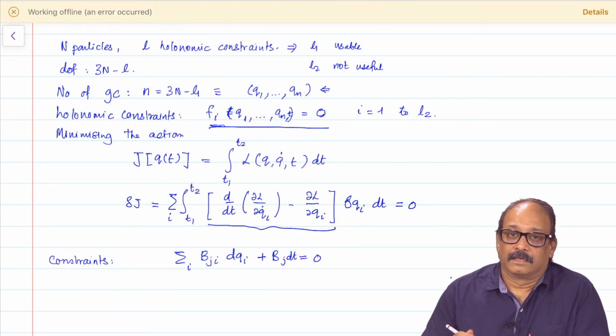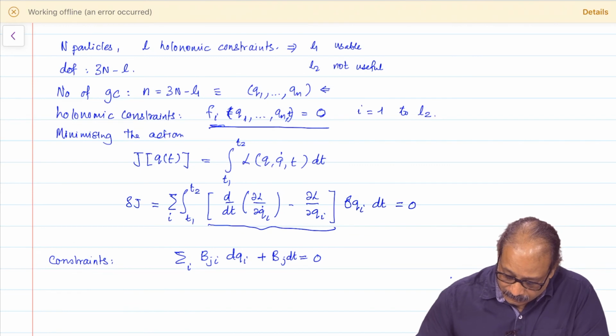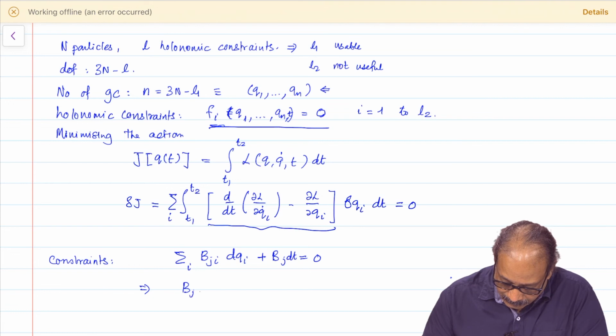And this of course automatically means that your bji must be equal to the partial derivative of fj with respect to qi.